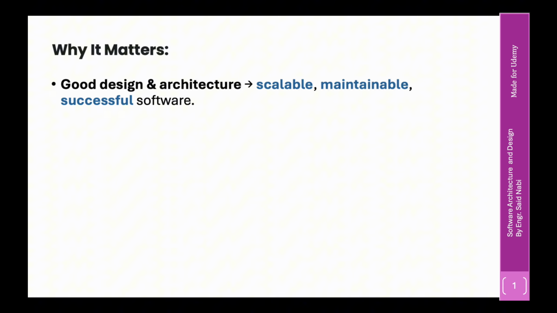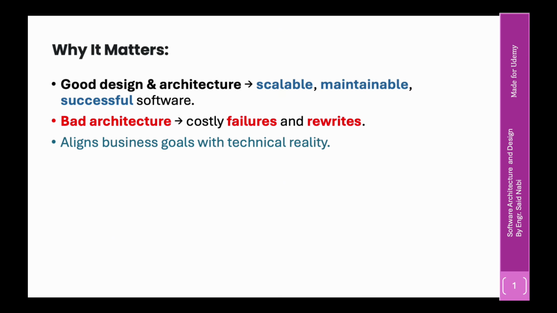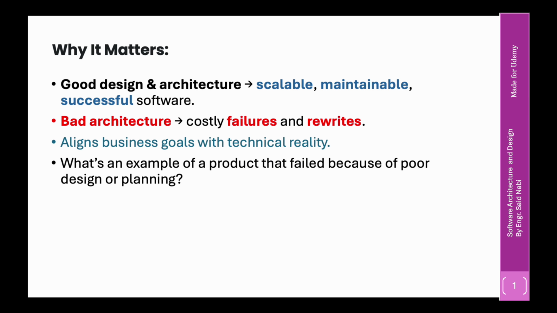That's how products become scalable, maintainable, and successful. But bad architecture is expensive. It leads to failures, slow systems, and eventually full rewrites. Architecture is about alignment. What the business wants must match what technology can safely deliver.